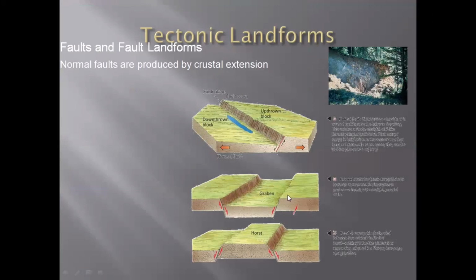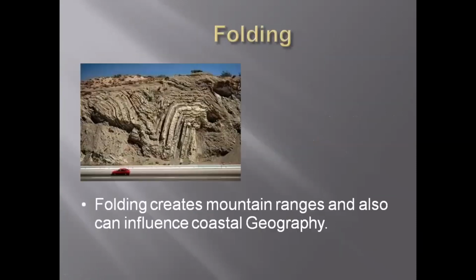But if there are two blocks and one block is moving down, we call it a graben. And if the central block is moving up, just like this will be horst, and then this will be graben. As a result, it creates valleys and depressions, where water moves from this direction and creates a network of various drainage patterns.